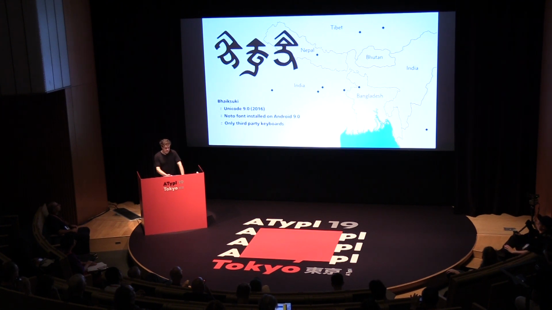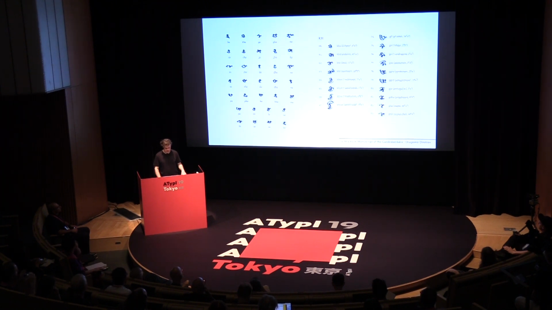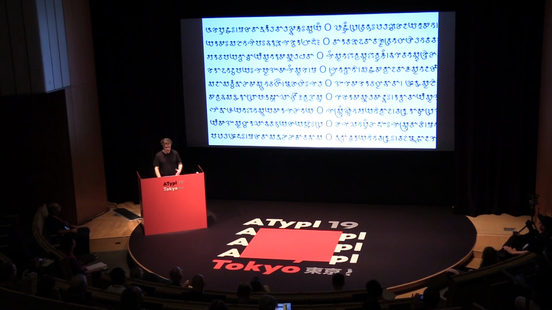This was encoded just a few years ago in Unicode, and the Noto font is now installed on Android, but there's only third-party keyboards, so it's not something that you can easily work with. But it's a historic script, so it's not such a huge deal. But still, it's important to have these encoded. Here's the Noto font. This is what it looks like from a manuscript.